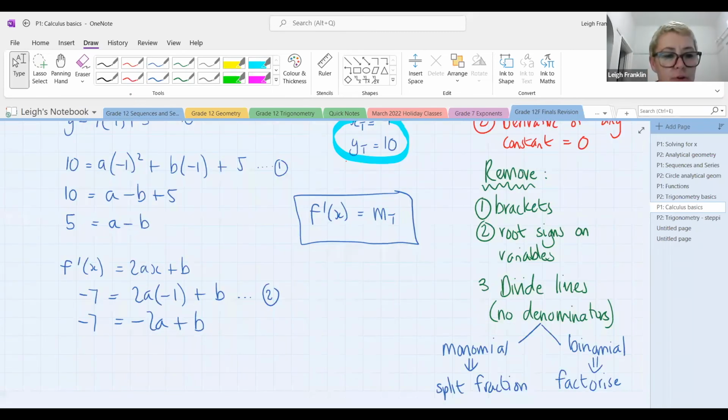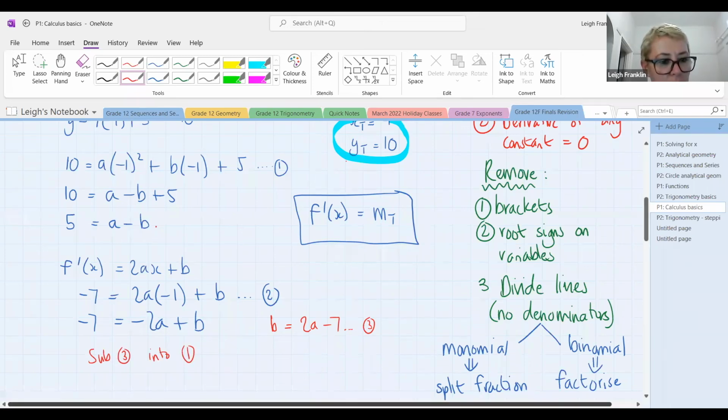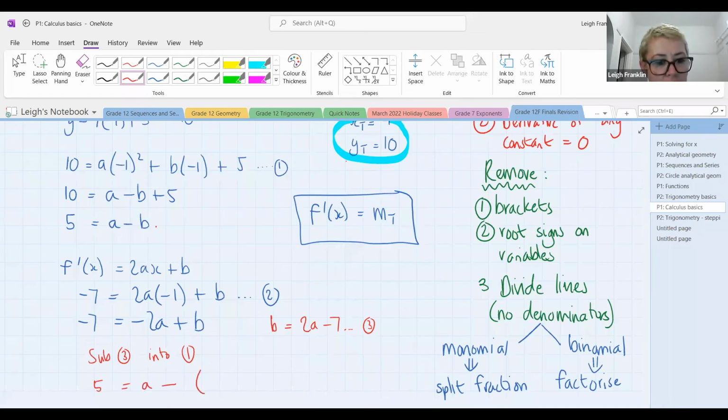Probably the easiest thing for us to do here is make b the subject of the formula. We'll take that 2a over to the other side, so that'll give us b equals 2a minus 7. Then I'm going to sub it back into equation number 1. So I've made equation number 3 here, and now I'm going to sub 3 into 1. So I've got 5 equals a minus whatever b is, which is 2a minus 7. Let's just move down and give ourselves a bit of space.